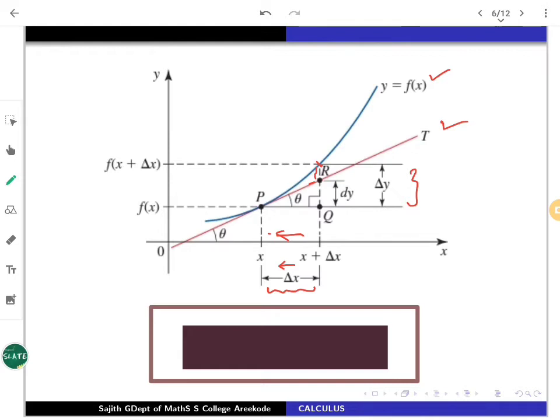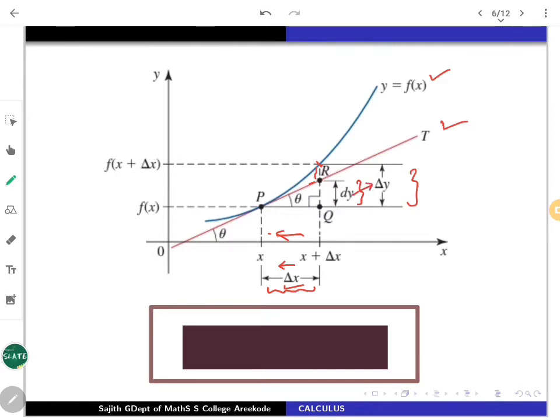So what you are aiming at, we will use some terminologies here. If you are using delta x as the input variation as before, obviously the corresponding variation is delta y. On the approximation side, whenever delta x is small, this dy approximates delta y.